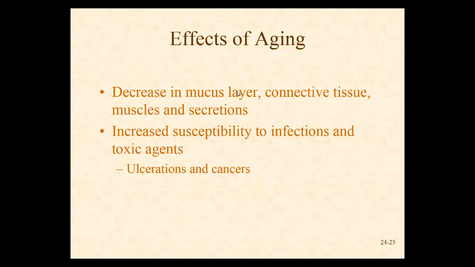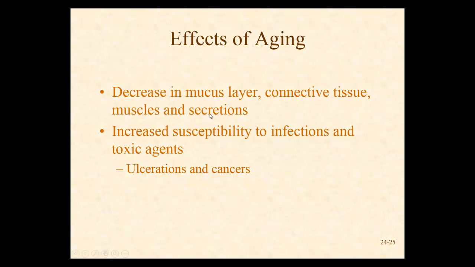And the smooth muscle layer is less responsive, so we see it takes longer to digest food. People feel fuller, quicker. Constipation becomes more of an issue as food is not moved through the large intestine as efficiently, and we just don't break down the food as well as we used to. So as a result, people have more trouble with constipation or diarrhea after eating certain foods.